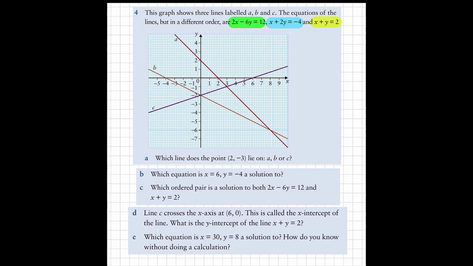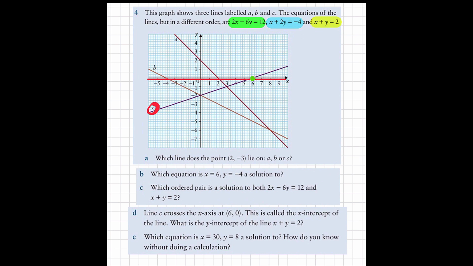Okay, so let's take a look at part D. It says line C crosses the x-axis. So the x-axis is right here, and it says line C goes across that at 6, 0 right there. Okay, and it says this is called the x-intercept.